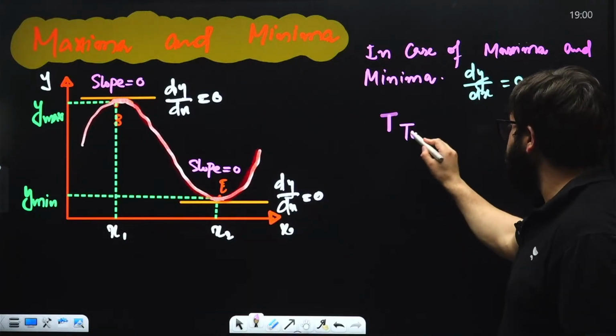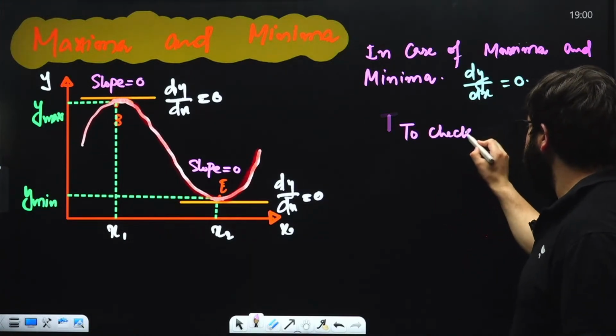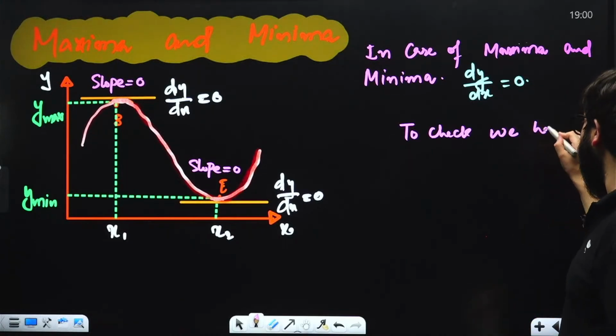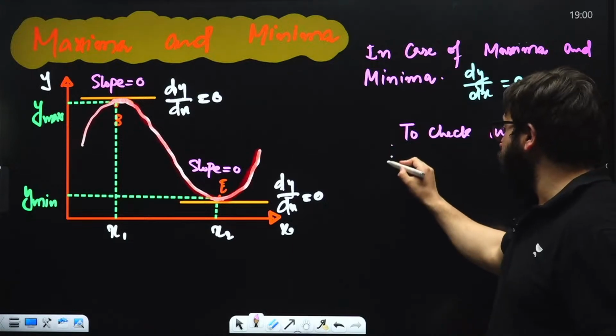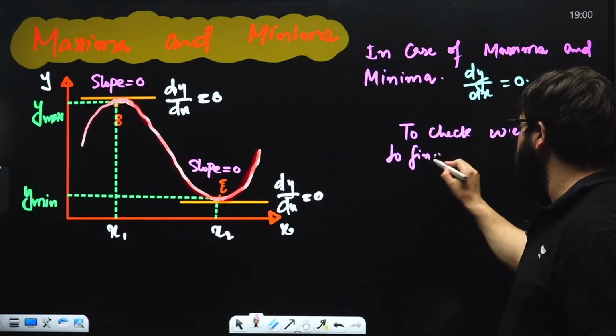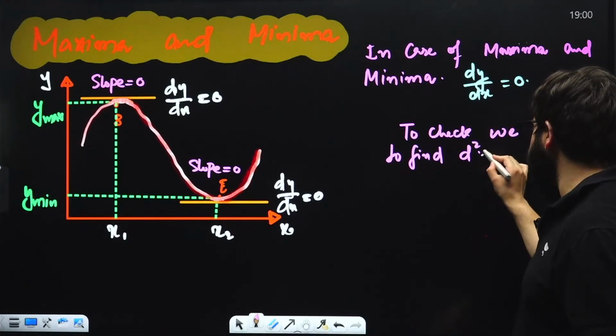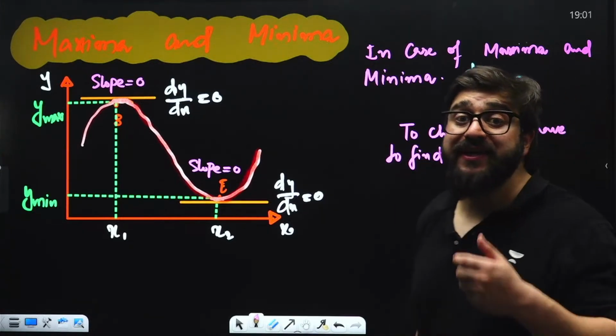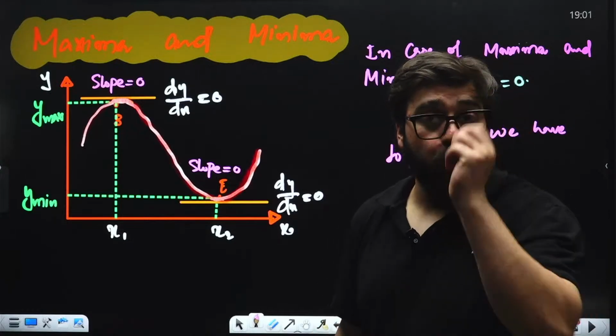To check, we have to find d2y divided by dx2. We have to find double differentiation, double slope.